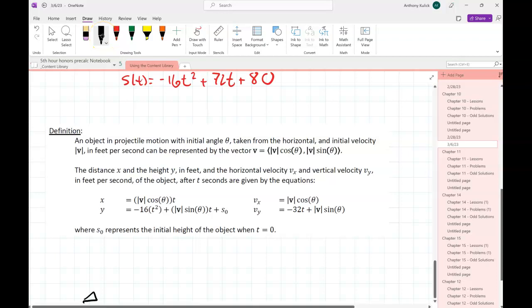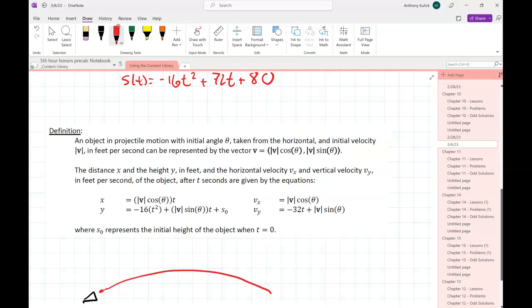That means if this is our cannon, pew, and it shoots something, the angle that we're looking at, from the center of the cannon, would be that angle with the horizontal.